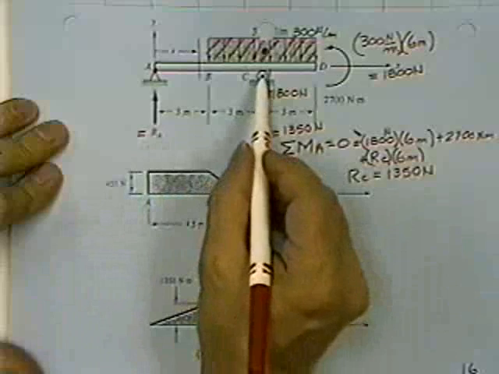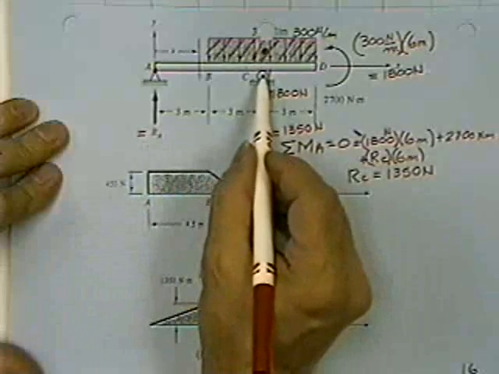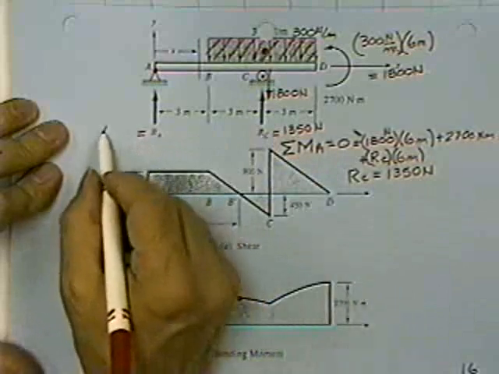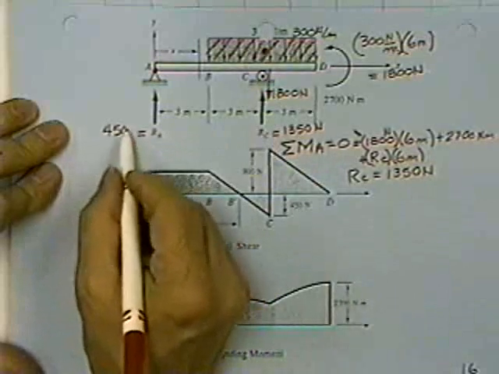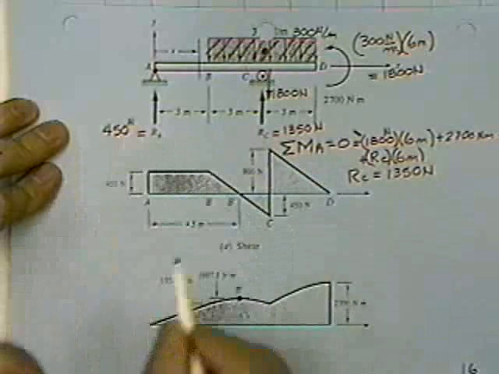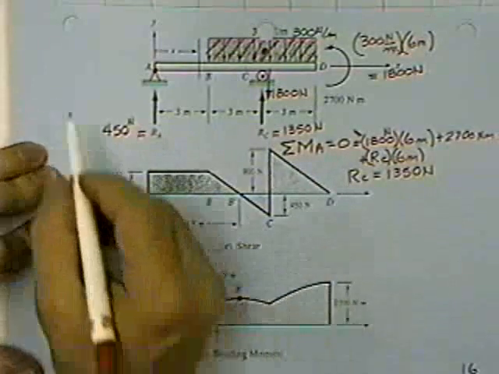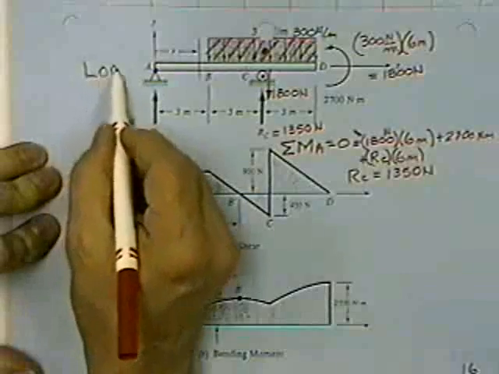Then if you sum the moments about point C and solve for the reaction at A, you'll find 450 for that reaction. Alright, that is the load diagram.